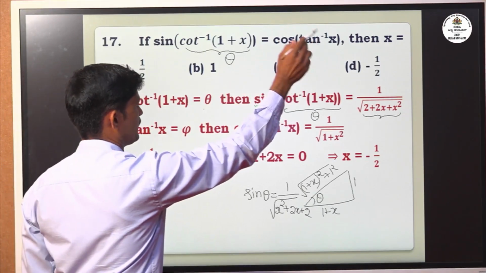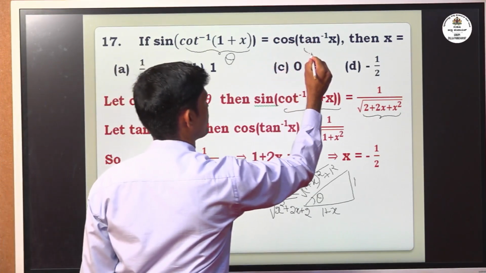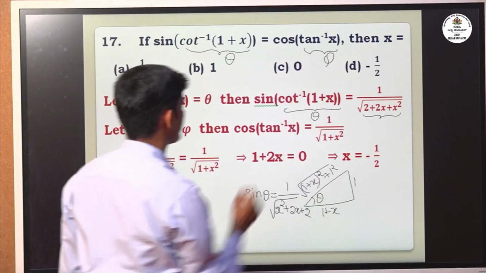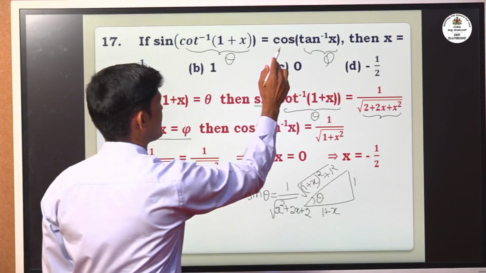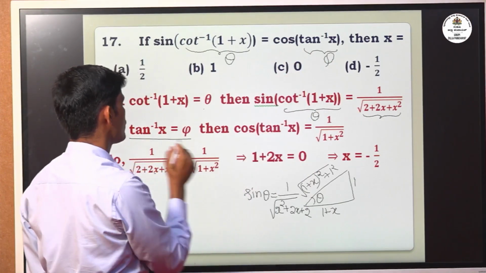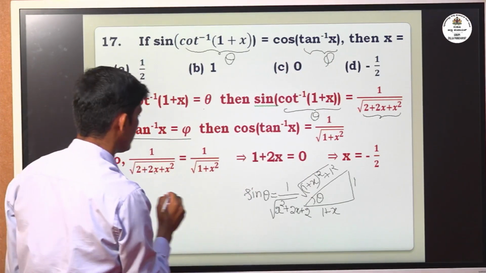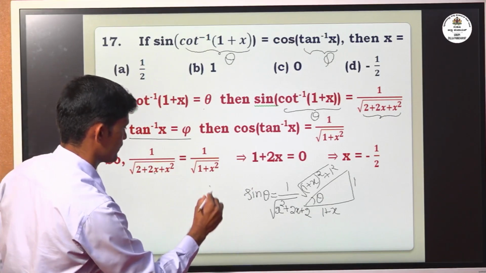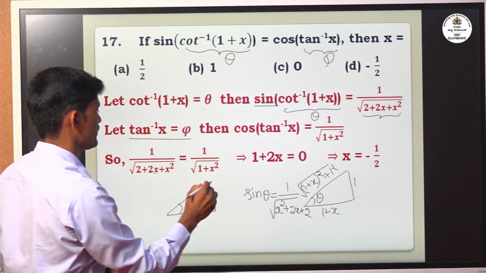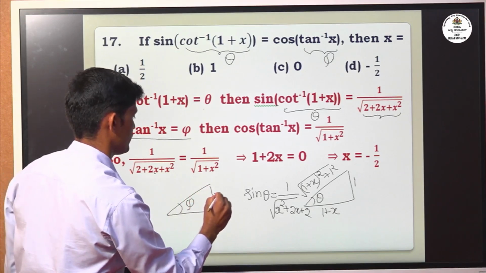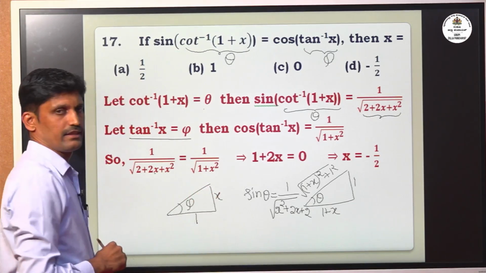Here, cos of tan inverse x we can simplify by taking this as phi. If tan inverse x equals phi, then the right hand side becomes cos phi. Define cos phi. Tan inverse of x equals phi means tan phi is equal to x. In this right angle triangle you can observe tan phi is equal to x, opposite by adjacent, x by 1.